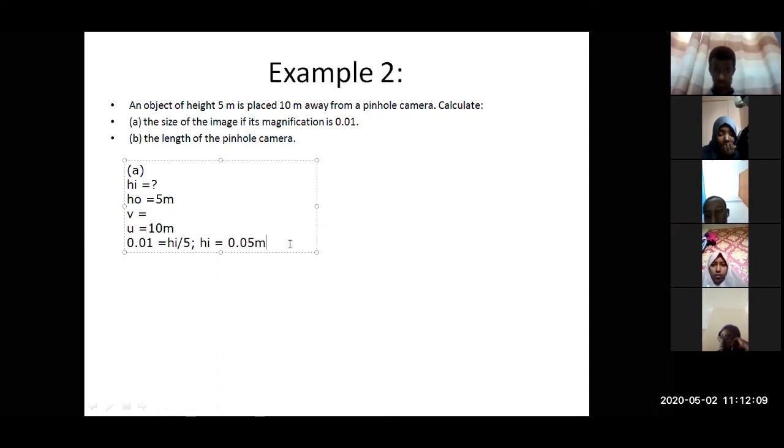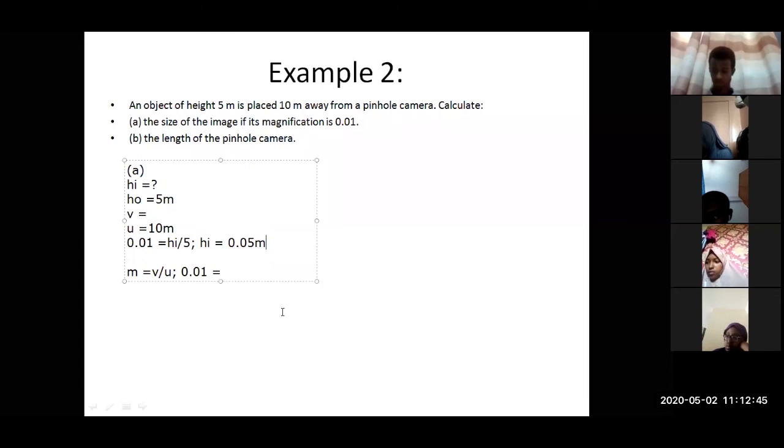And then when we go to part B, who is right? The length of the pinhole camera is the same as asking for v. So magnification in that case is going to be equal to v/u. So our magnification, which is 0.01, will be equal to, when you look at the information given there, we don't have v. So in our substitution, we have v over u.